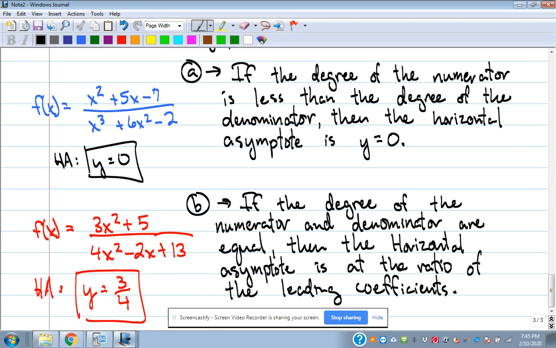Horizontal asymptotes, we only have them if the degree of the top is smaller than the bottom or if the degrees are equal. That's the only time horizontal asymptotes exist. Okay, so maybe that's easier than the vertical asymptotes. I don't know. Now, the next type of thing that could happen is we could have what's called an oblique asymptote.